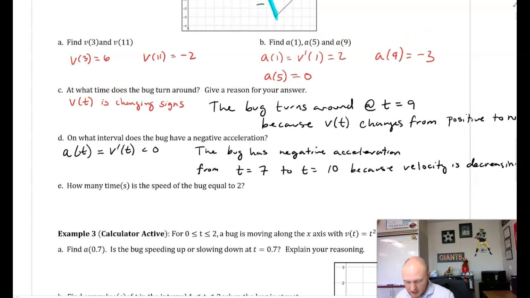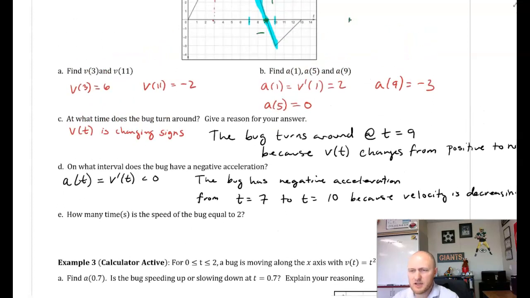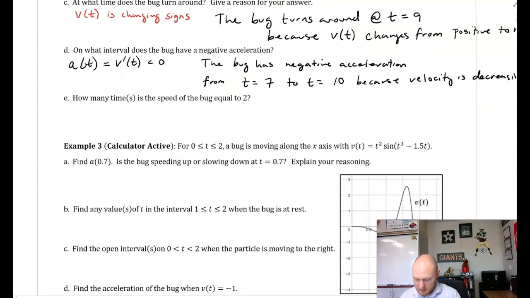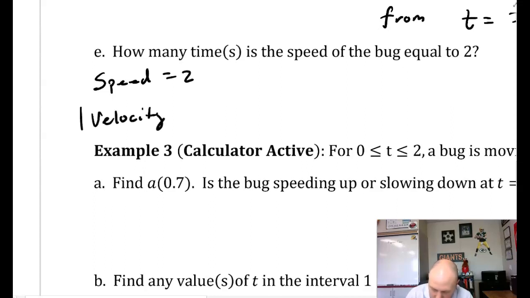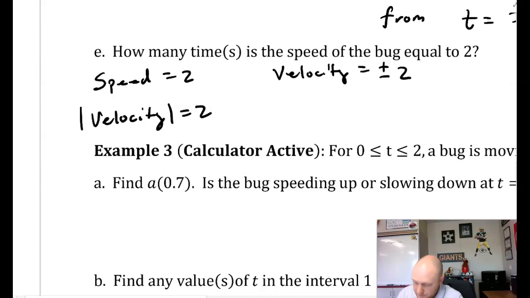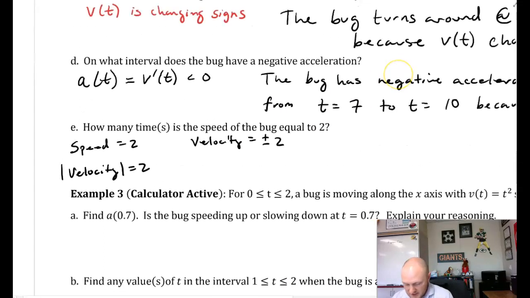E, how many times is the speed of the bug equal to 2? Well, it's important to remember that when they say speed is equal to 2, this is the same thing as saying the absolute value of velocity is equal to 2. And now, velocity could be equal to a positive or a negative 2. Okay, so how many times does that occur?